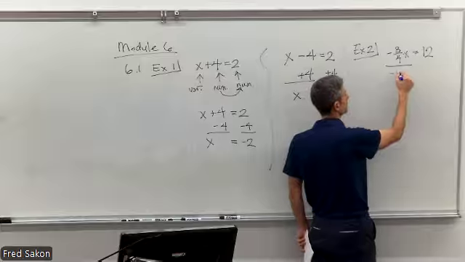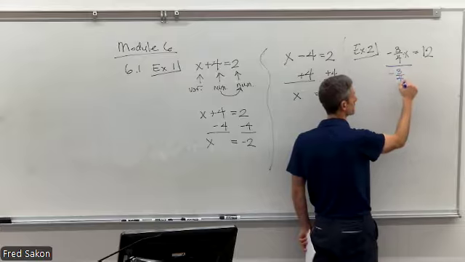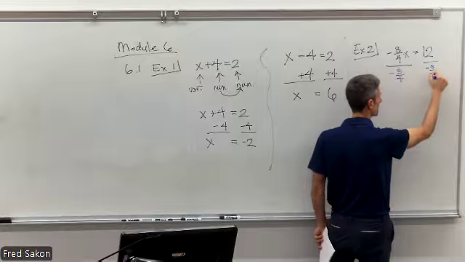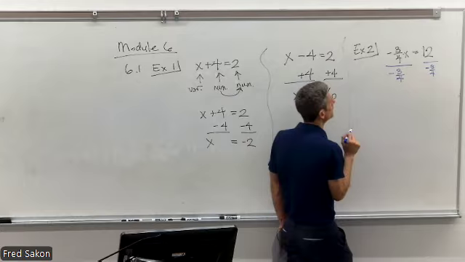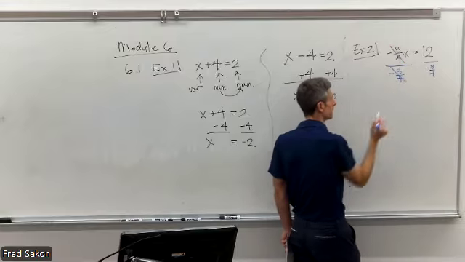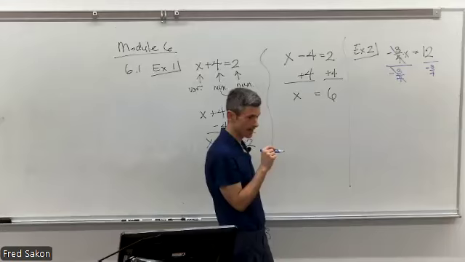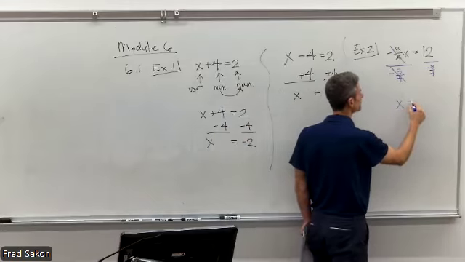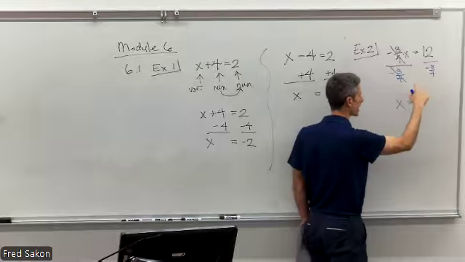So divide negative 3/4, divide negative 3/4. That's going to effectively divide evenly right there, leaving us with x right here. Now this is kind of complicated.